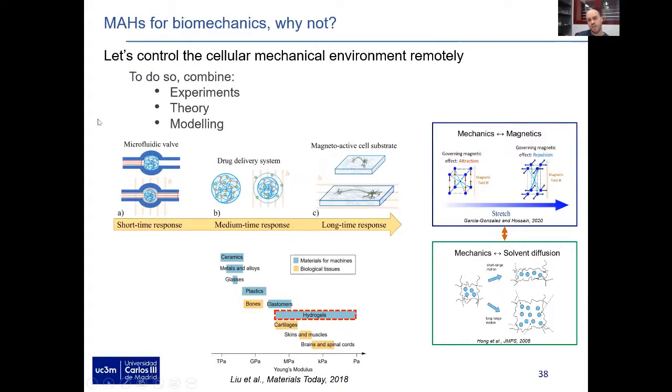So what I propose is, let's try to combine experiments, theory and modeling. Let's try to have a given theoretical and computational framework so that we can anticipate what is going to happen in my substrate, how my biological tissue is going to respond, and anticipate these interactions between the substrate and the cellular system, and let's try to influence these biological processes in a remote manner.